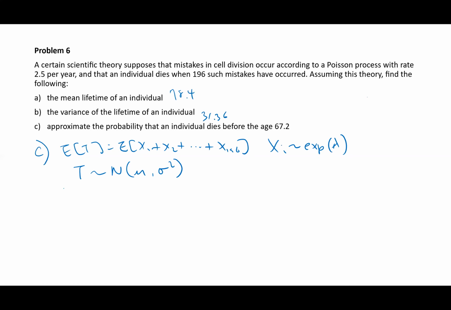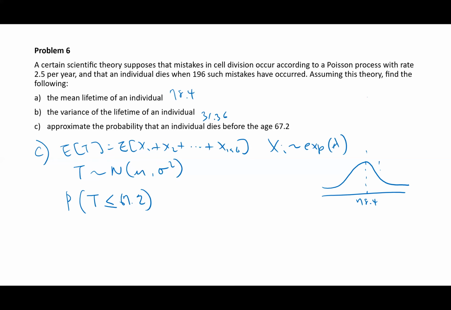I want to know the probability that the person dies before the age of 67.2. That's like asking, what's the probability that this t variable is less than or equal to 67.2? We know t is going to have a normal distribution, and the mean we got from part A, which is 78.4.